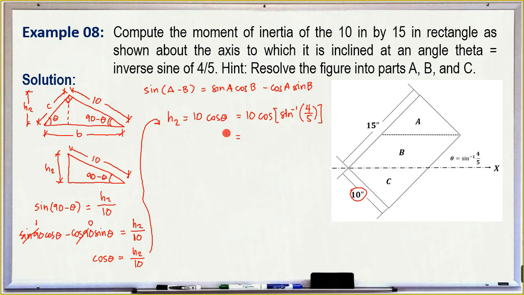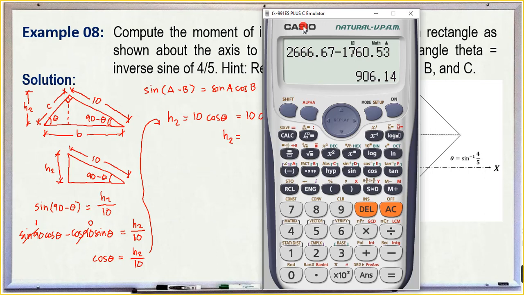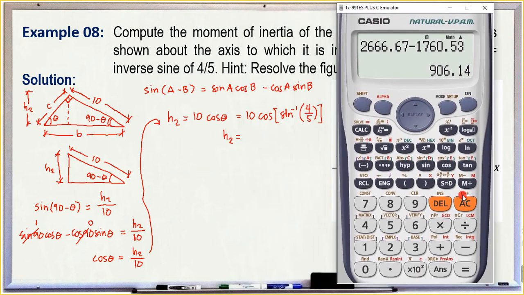So we will use a calculator. On our calculator, press AC, 10. See to it that your calculator must be in degree mode, so that we arrive at a nice answer. So shift mode, press degree, then you're now ready to solve this.